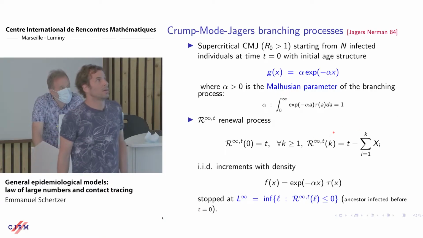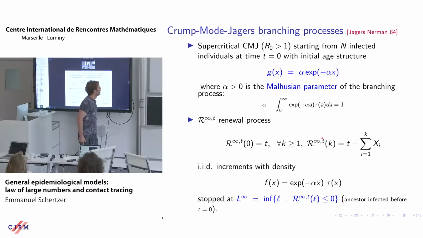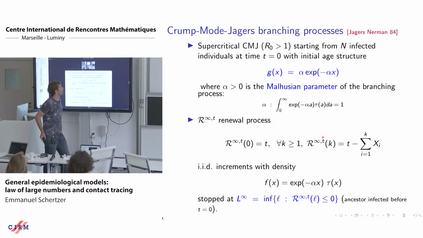So again, we are not the first ones to look at this. So let me go back to the branching process literature and to the seminal work of Jagers and Nerman. What they do here is that they are considering a supercritical generalized branching process.